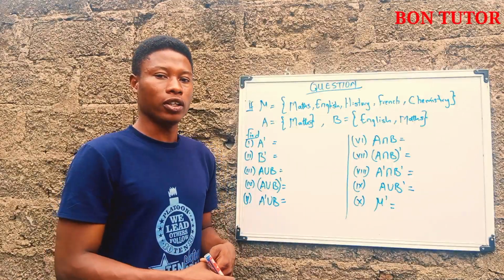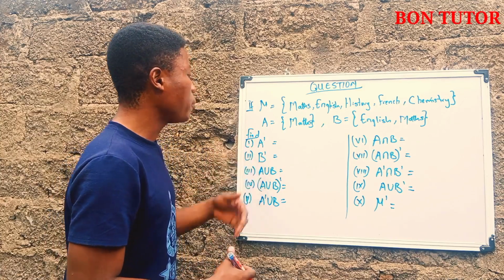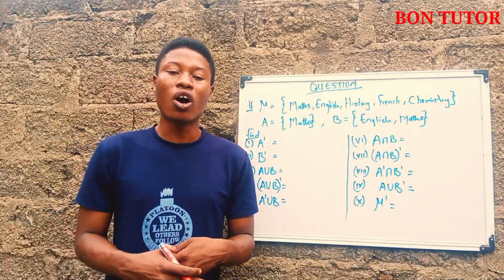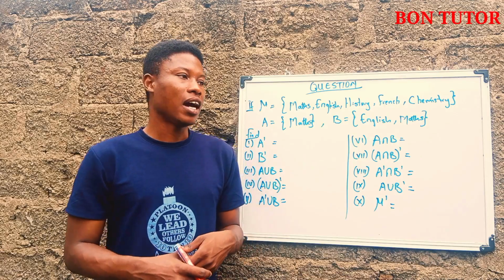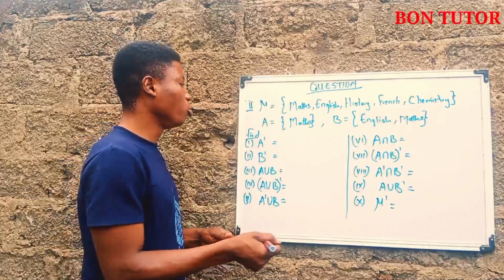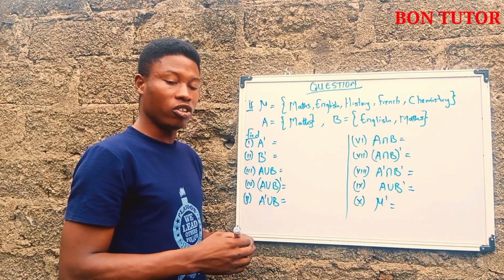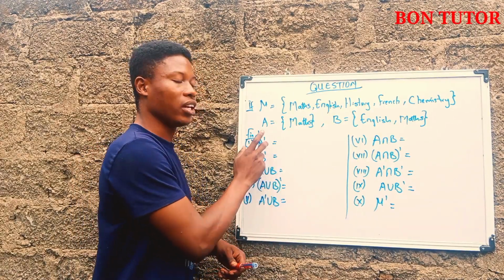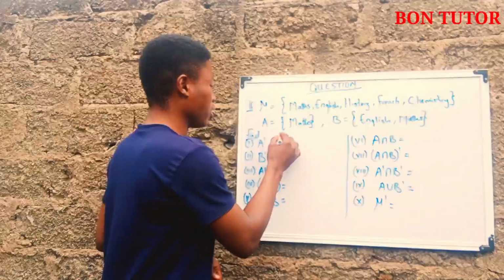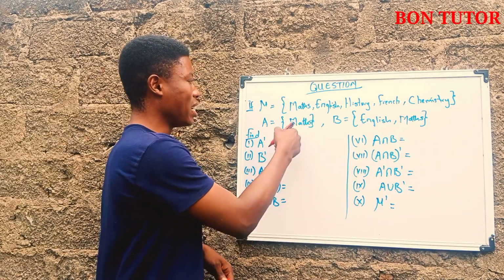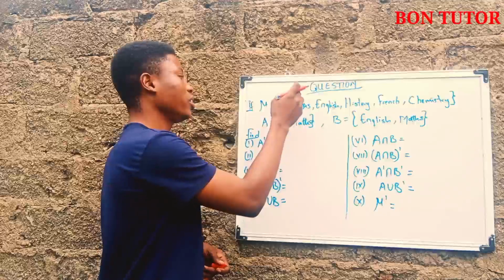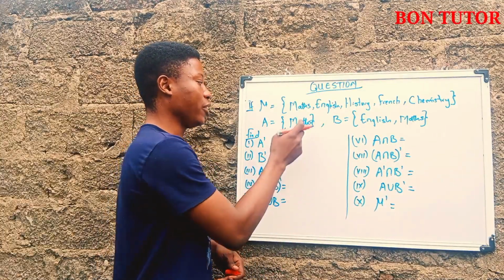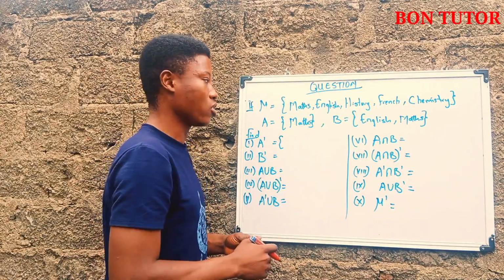If you recall, in the first video, we said A prime are what we do not have in A, but you have them in the universal set. If you are to check that, you will be listing everything else you have in the universal set, but you do not have in A. You have math in the universal set and you have it in A, so math is excluded.